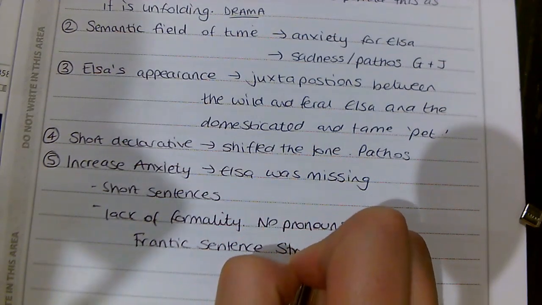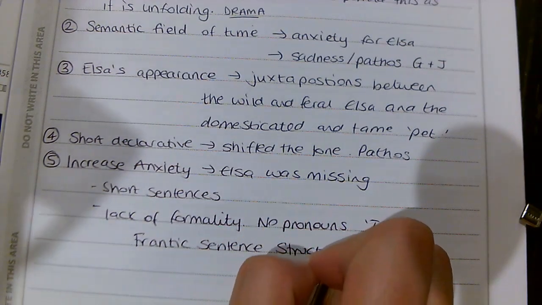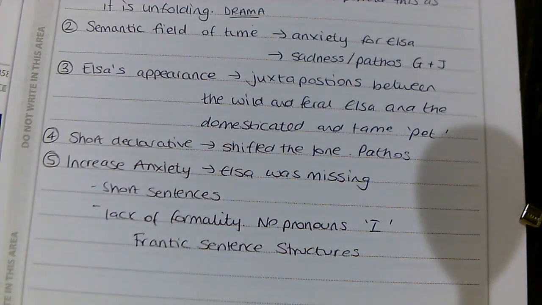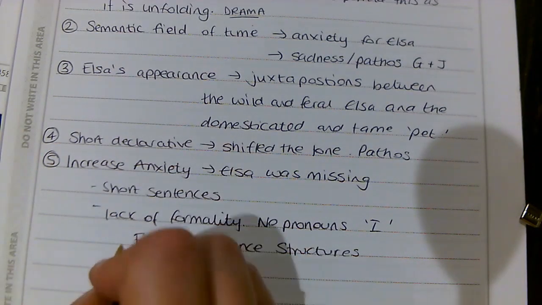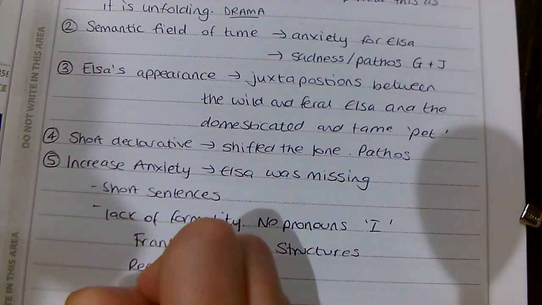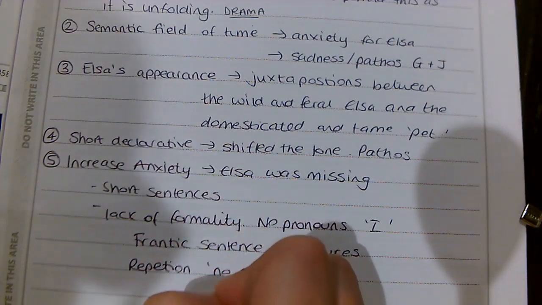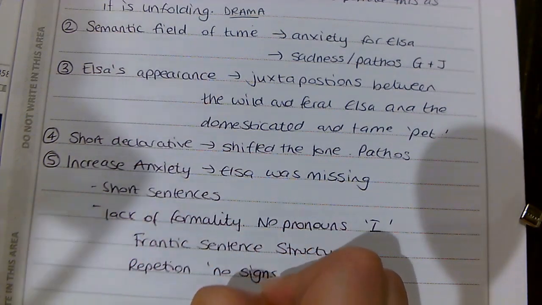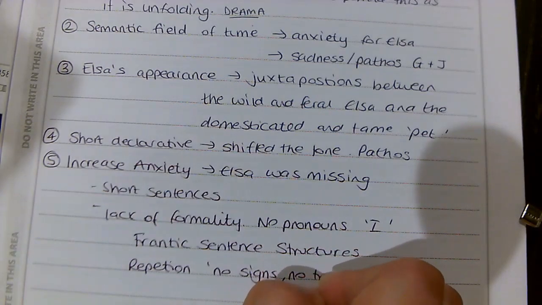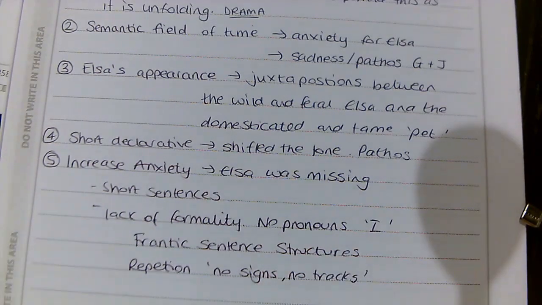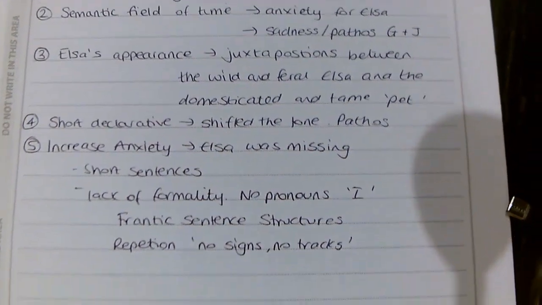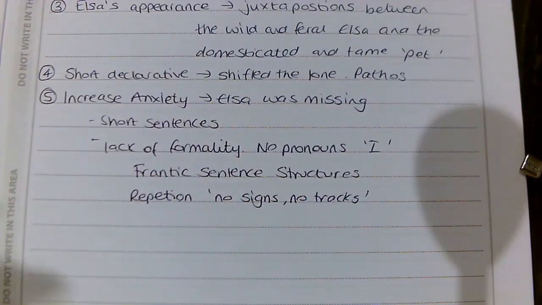And we saw that very clearly. Structures, I can't talk and write at the same time. So that very frantic sentence structures and the repetition. No signs. No tracks. Still no signs. Okay, so we saw that, and that really showed how George was getting quite upset, quite anxious about Elsa.